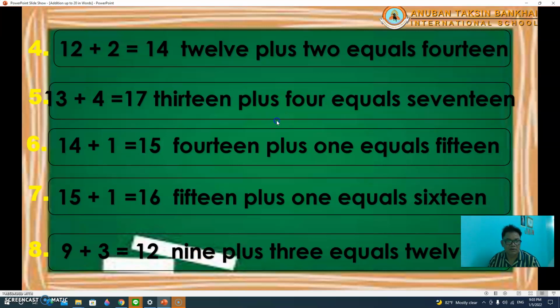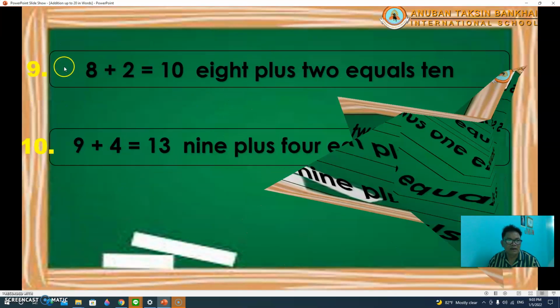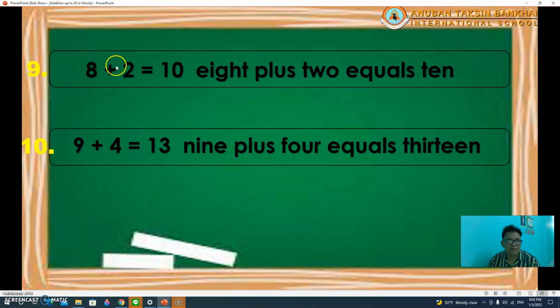Okay, very good. Number 9, 8 plus 2 equals 10. 9 plus 4 equals 13.